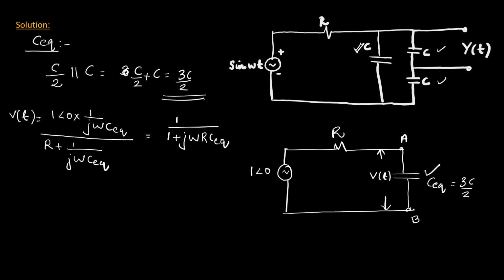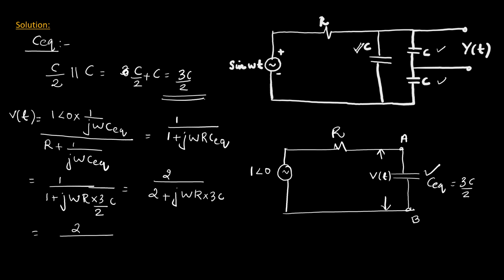Now we can substitute for C equivalent, that is 1 by 1 plus j omega R into 3 by 2 C. Rearranging, we get 2 divided by 2 plus j omega R into 3C, or 2 by 2 plus j 3 omega R C. This is V of t.